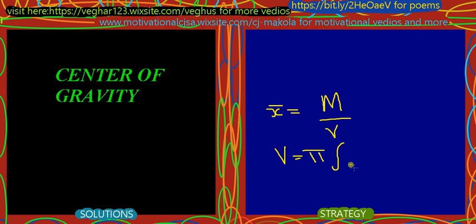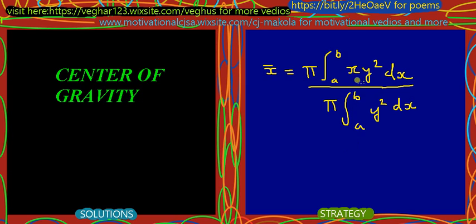The center of gravity equation concentrates on the disk part, not on the shell part. This is a disk equation of volume. So when you are dealing with center of gravity, you have this equation which has a volume, and this one is a moment.